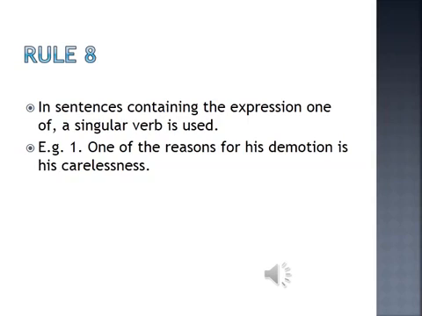Actually here reasons is there, even then we are using is because it is referring to one reason. The actual meaning is that it is referring to one reason, and therefore the verb you have to use is singular.